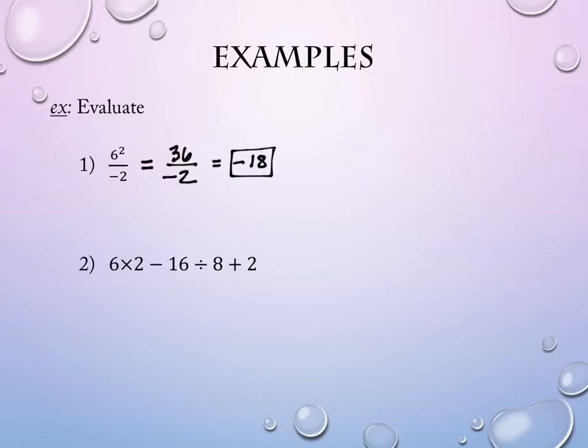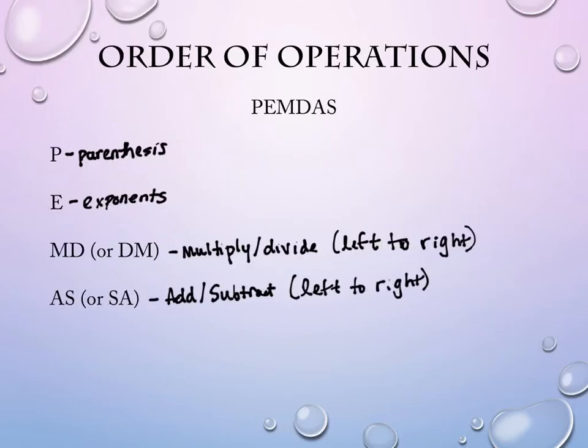Okay. So number 2, what operations do you see? Yeah, we actually see all 4 of the basic operations, don't we? Multiplication, subtraction, division, and addition. So we don't have anything above the multiplication and division. We've got multiplication, division, and addition and subtraction.